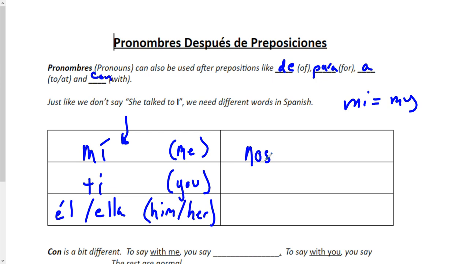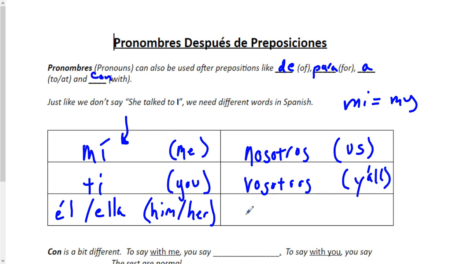Nosotros is going to be the same in Spanish as it has been, but in English, it would have the word us. Again, we don't say they came with we, we say they came with us, but they'll use nosotros. Vosotros will still be the same. And then ellos and ellas will also be the same in Spanish, but again, the English word you're looking for is the word them.